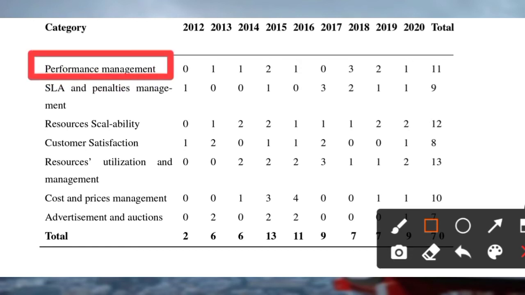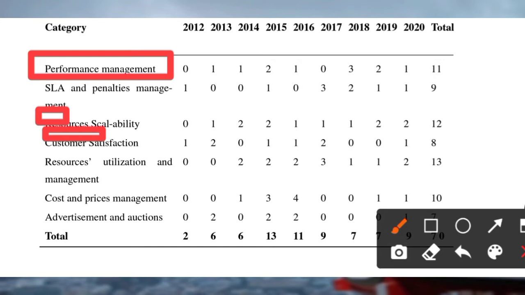Those papers who work on provider revenue maximization by managing the performance. Similarly, you can see SLA management, resource scalability, customer satisfaction. And here I have given different types of categories.